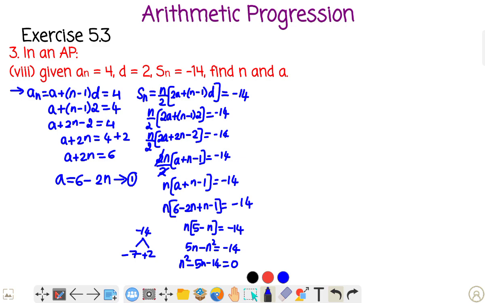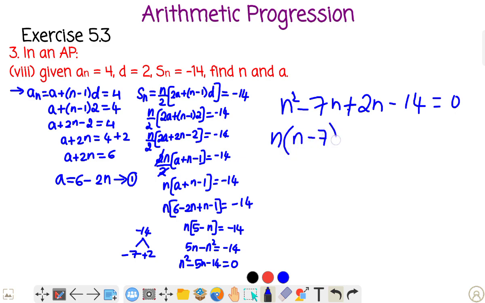So I will get n square minus 7n plus 2n minus 14 is equal to 0. Taking n common, n minus 7, plus if I take 2 common again, n minus 7, is equal to 0.